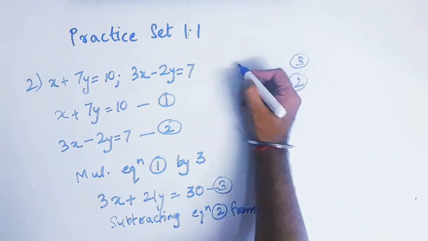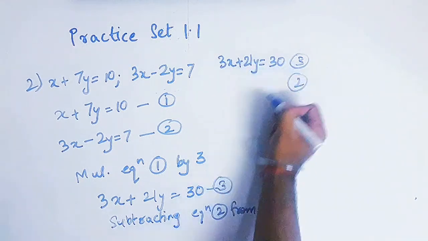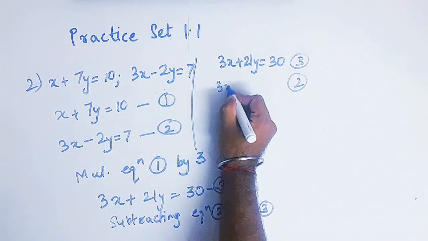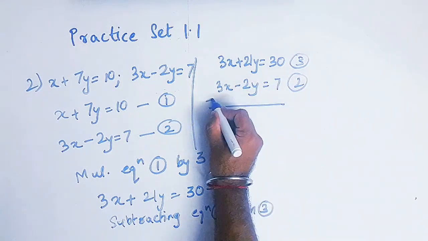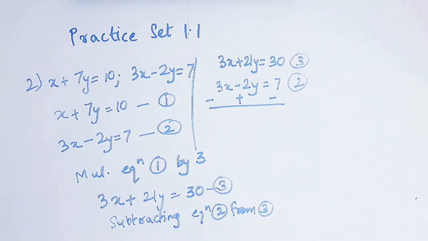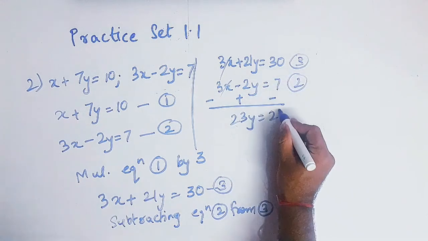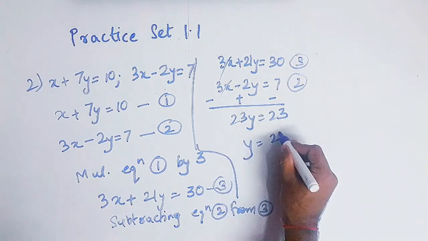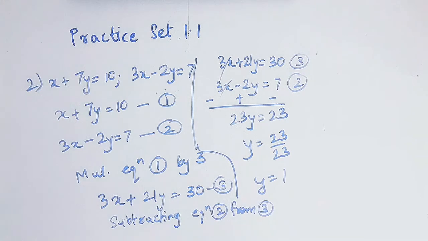So the third equation is 3x plus 21y equals 30 and this is 3x minus 2y equals 7. Minus, this will become plus, this will become minus. So 23y, and 30 minus 7 is 23. Very simple, y equals 23 upon 23. So we got the value of y as 1.